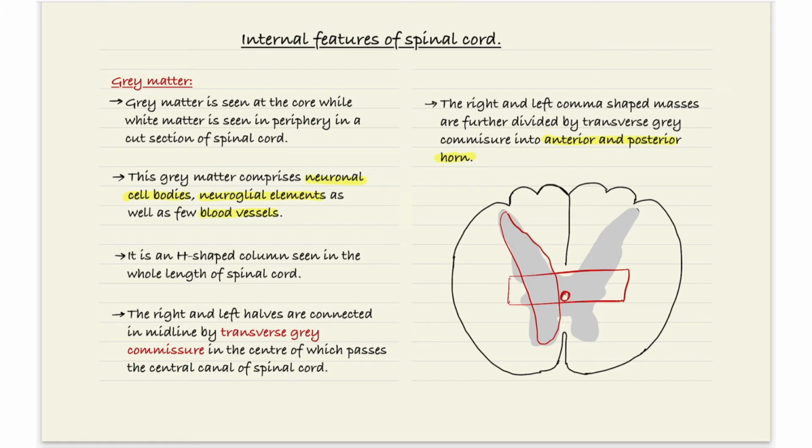So let us label. This is the anterior horn. This part is the transverse grey commissure, and these are the posterior horns, right?